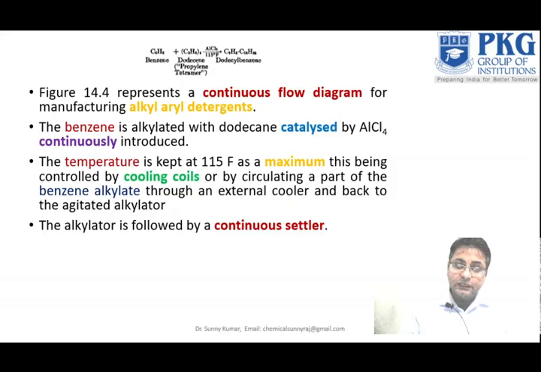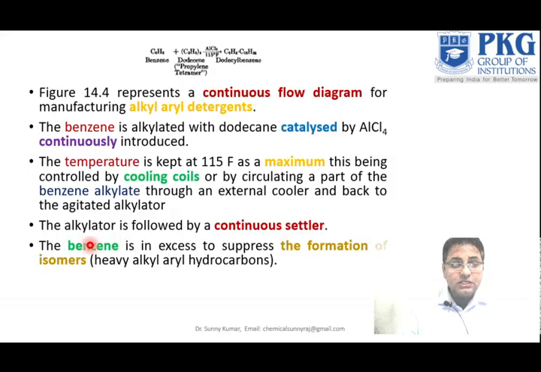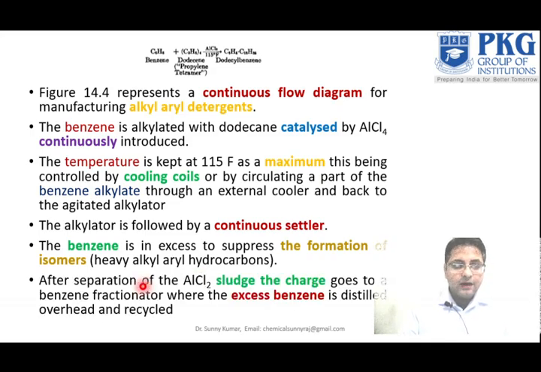The benzene is in excess to suppress the formation of isomer, which is a heavy alkyl aryl hydrocarbon. And after separation of aluminum chloride sludge, the charge goes to the benzene fractionator, where the excess benzene is distilled overhead and recycled again.